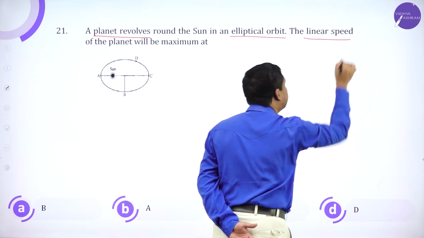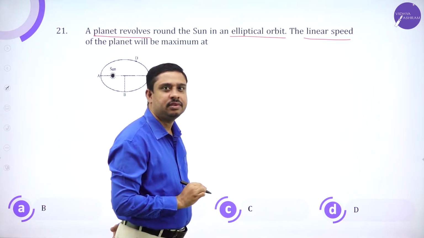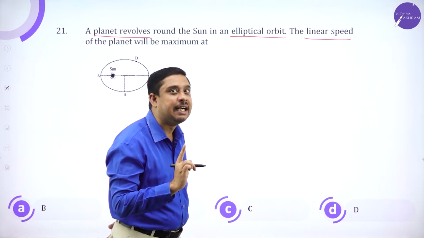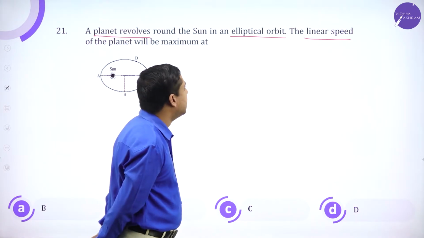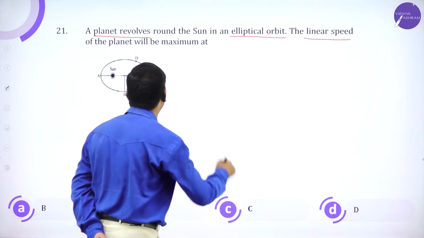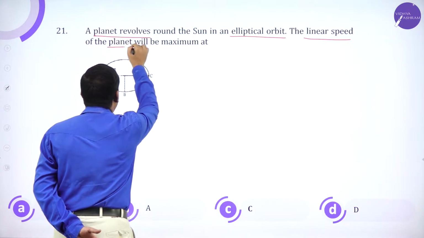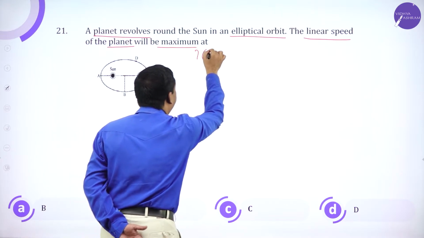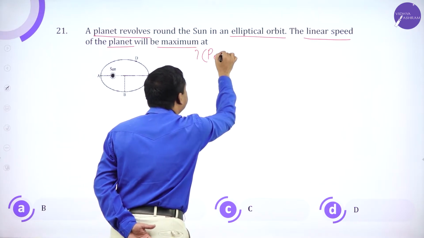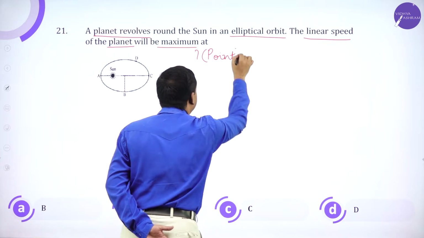The linear speed, I am not concerned about angular speed. The linear speed of the planet will be maximum at which point?